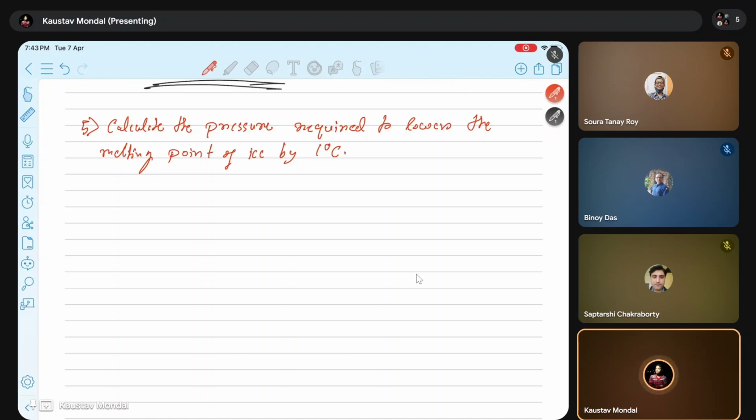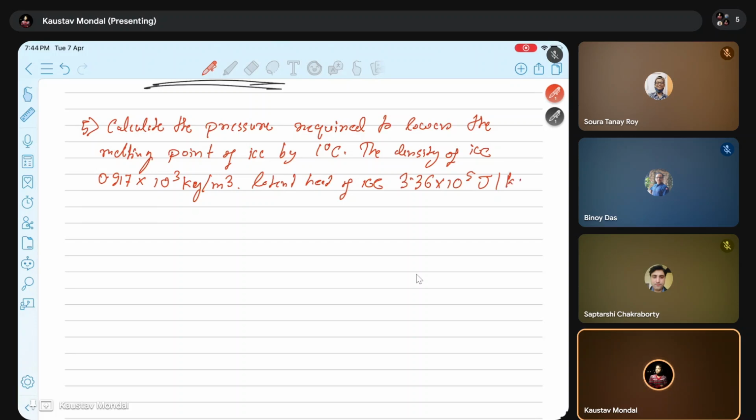The density of ice is 0.917 into 10 to the power 3 kg per meter cube, and the latent heat of ice is 3.36 into 10 to the power 5 joule per kg.